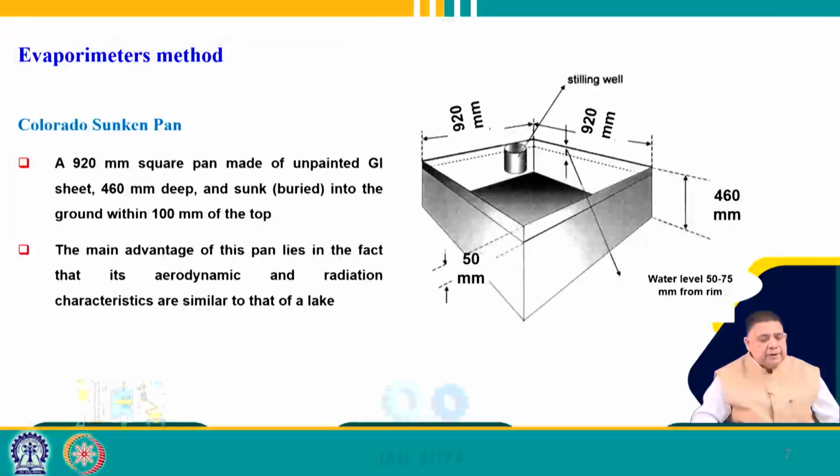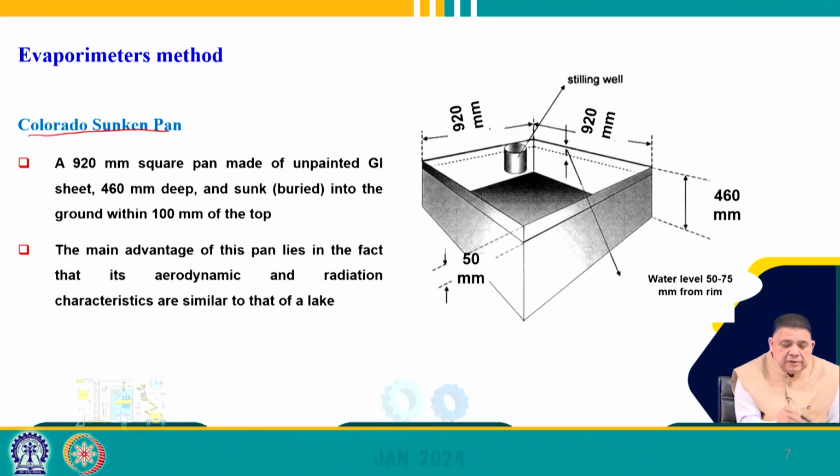The third important type of evaporimeter is the Colorado sunken pan, and a major difference is that the previous two we saw were circular, but this is a square pan. It is a 920 millimeter square pan made of unpainted galvanized iron sheet, 460 millimeters deep, and sunk into the ground within 100 millimeters of the top.